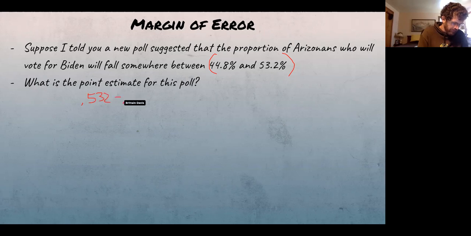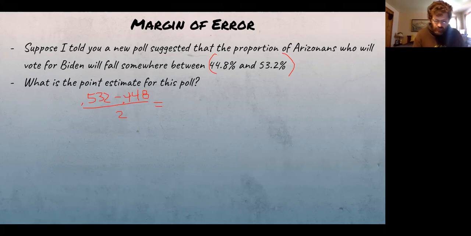So 0.532 minus 0.448 divided by 2. So anyways, that's 0.042.